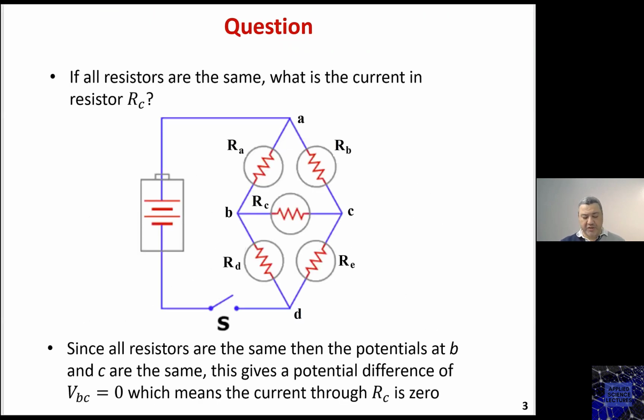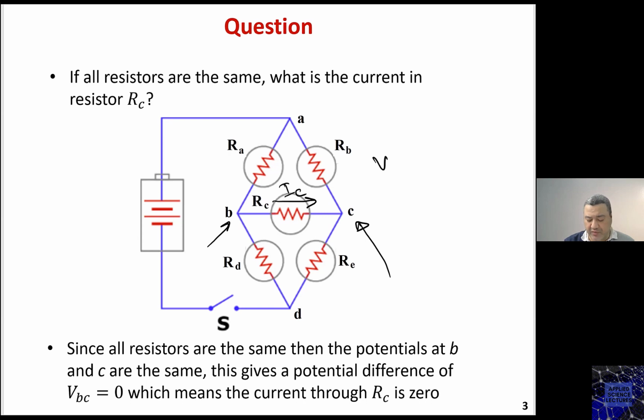The second question here, we will be solving it by inspection. So the question here is asking if all those resistors RA, RB, RC, RD, and RE are equal, what is the current in the resistor RC? Now, by inspection, and because all those resistors are equal, then the potential at B at this junction equals to the potential at this junction.